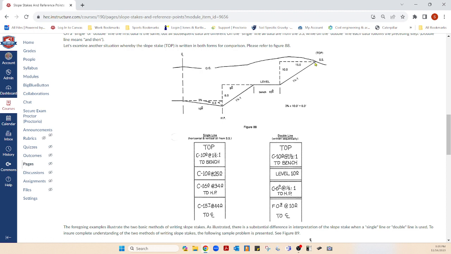First thing I want to do, and even without looking at the stake, I look at this and I know it's going to be a cut 10 feet. And I know it's at 1.5 to 1. So cut 10 feet times the ratio 1.5 to 1 gives us a horizontal distance. So there's one of our horizontals and there's one of our verticals. So we have the 1.5.